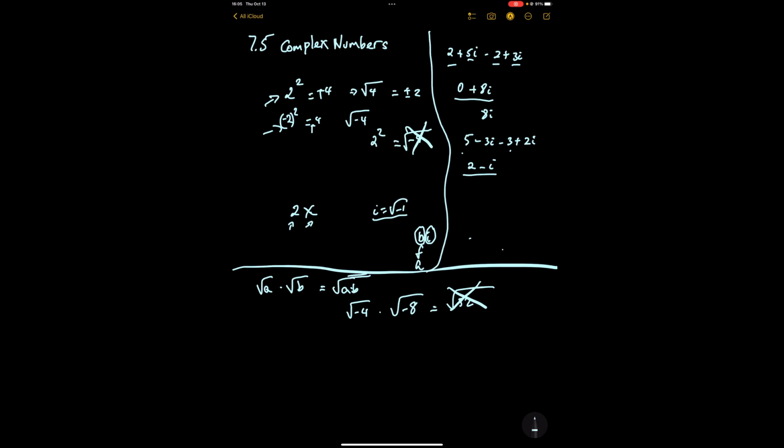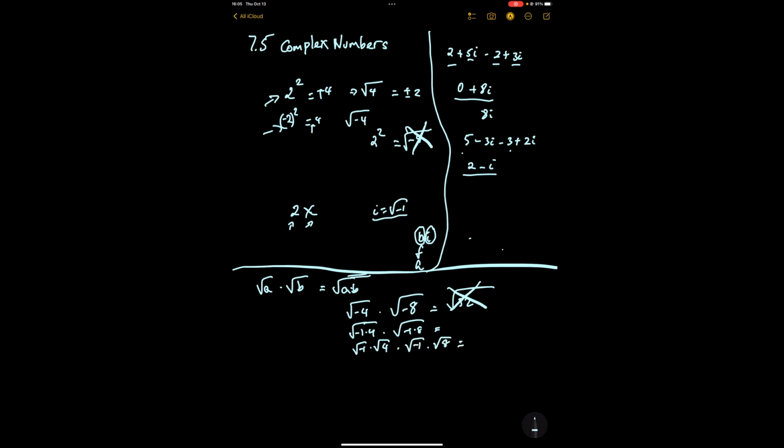In this case, first, the square root of negative 4 is basically the square root of negative 1 times 4, right? Times the square root of negative 1 times 8, right? And that would be equal to the square root of negative 1 times the square root of 4 times the square root of negative 1 times the square root of 8.